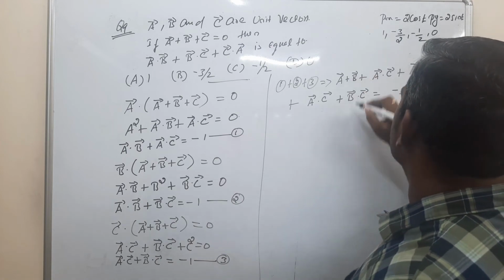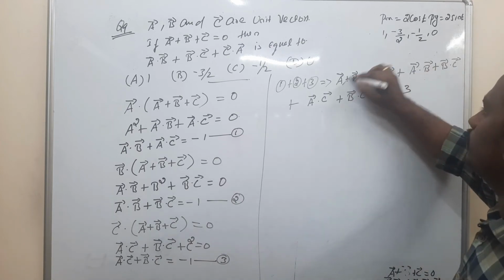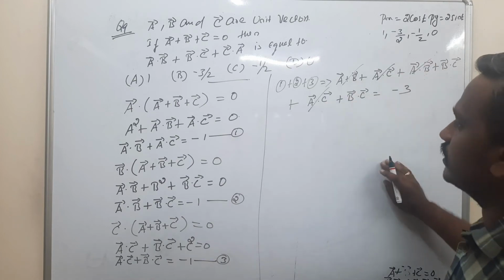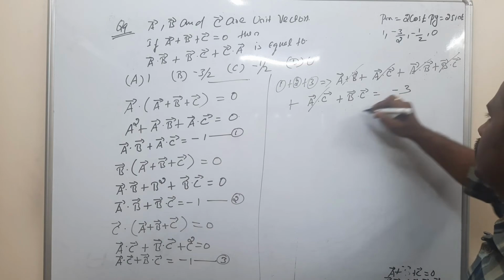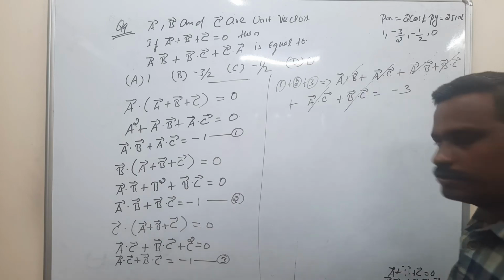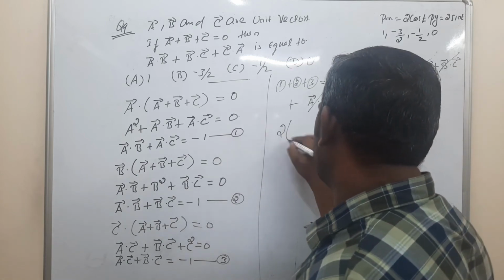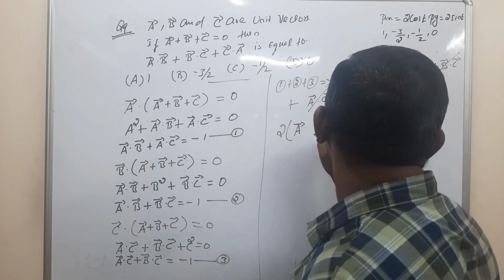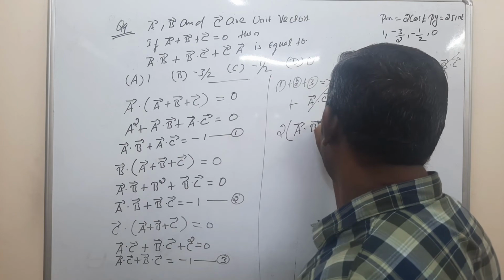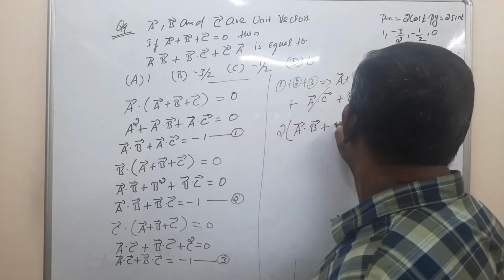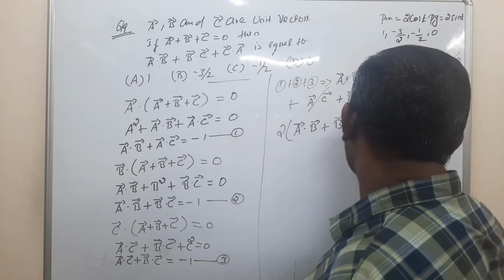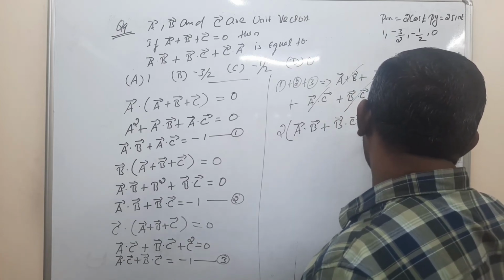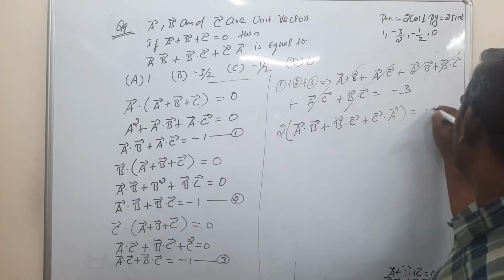So A vector dot B vector 2 times, A vector dot C vector 2 times, B vector dot C vector 2 times. So 2 times of A vector dot B vector plus B vector dot C vector plus C vector dot A vector is equal to minus 3.